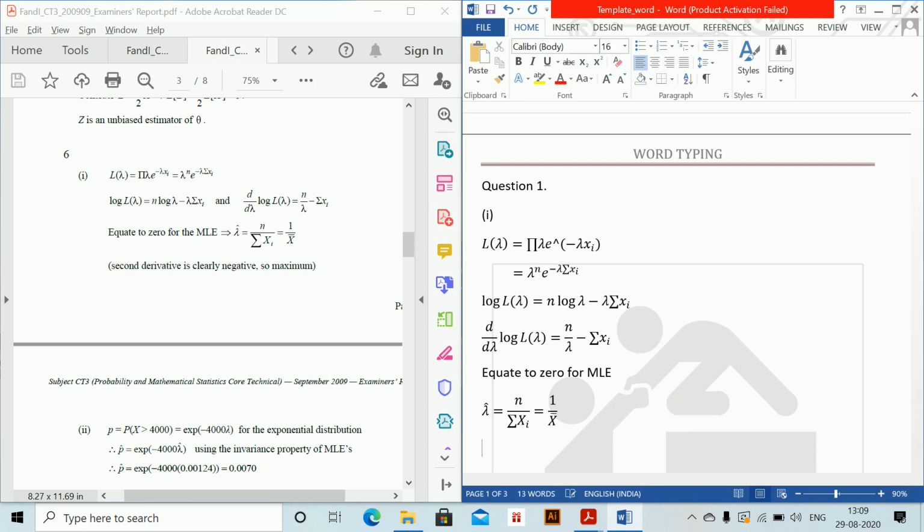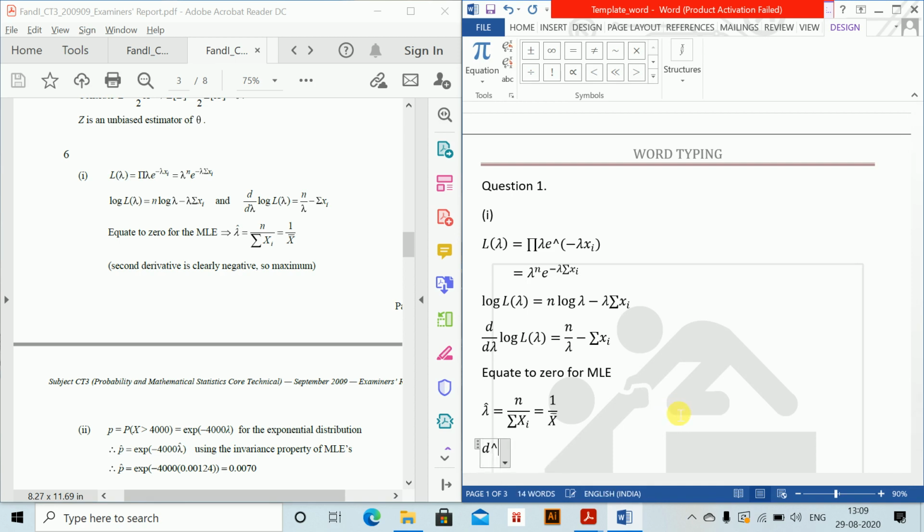Okay, second derivative to check, they have not done but we will do. So d square by d lambda square, you don't have to write it again, you could have just copied from above and just put a square sign. So d square by d lambda square, and if you see this, what will this become? We are differentiating with respect to lambda.